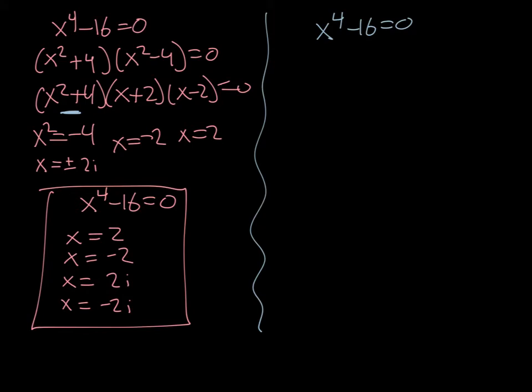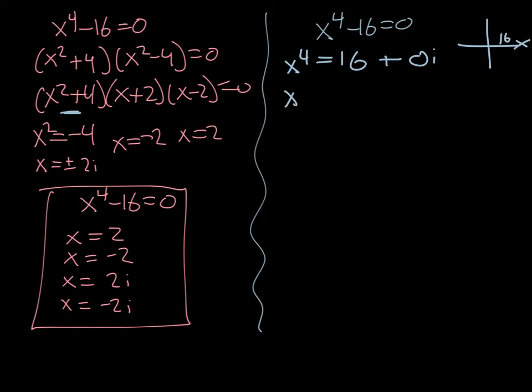Okay, so let's take a look here. I'm going to get it equal to 16, so x to the fourth equals 16. And we're going to write it in an a plus bi form, so 16 plus 0i. Now, if I want to convert that to polar complex form so that I can use the nth root theorem, and I'm thinking of this as my a plus bi, so if I wanted to make a quick sketch of this on the complex plane, I would go along the horizontal, 16 to the right for my a, and 0 up or down for b, so I'd get that.